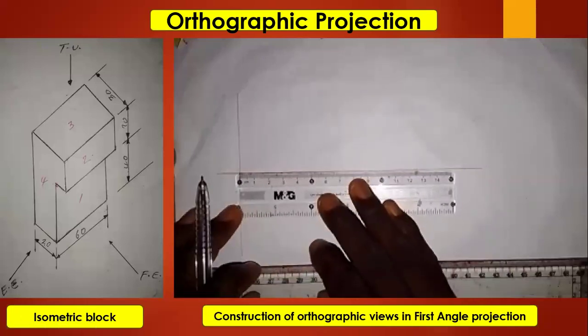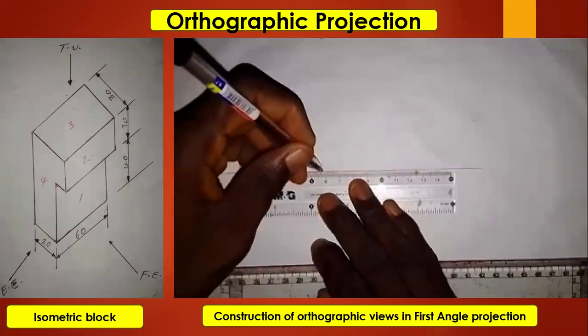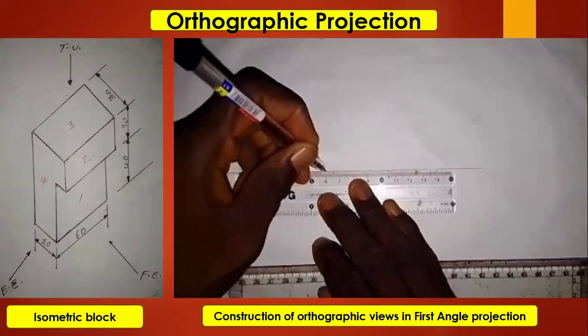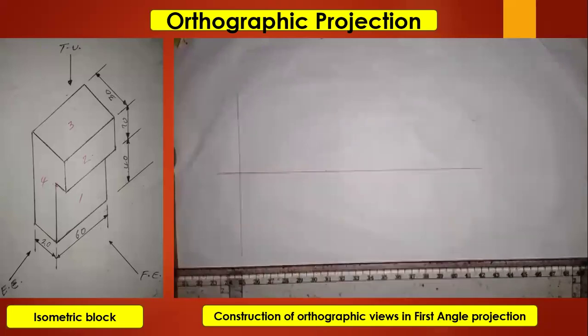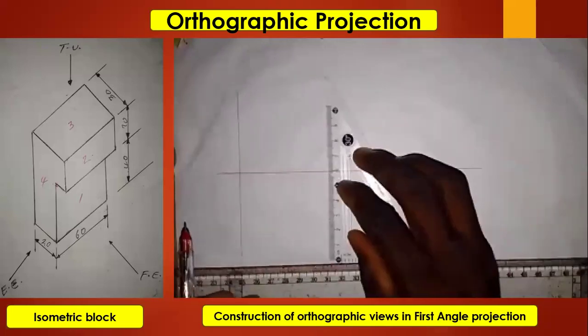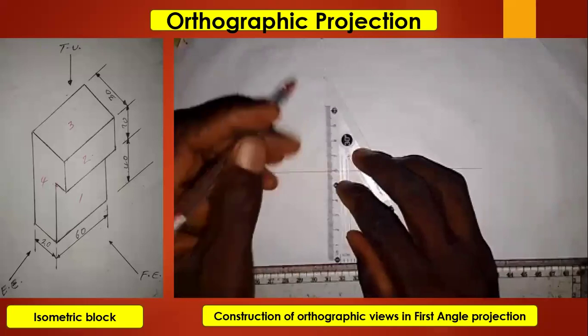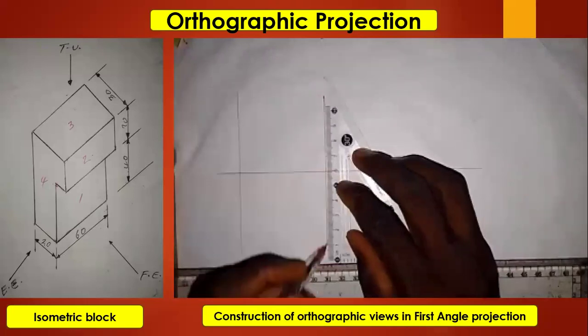So this is 6 centimeters here. Then I'm going to draw a vertical line at this point, like this.